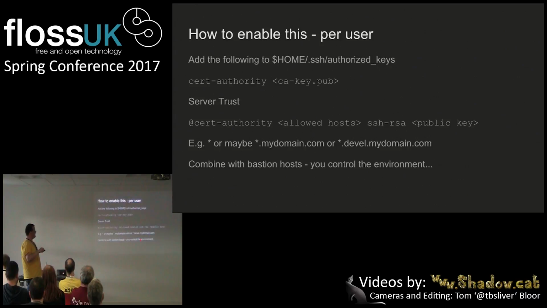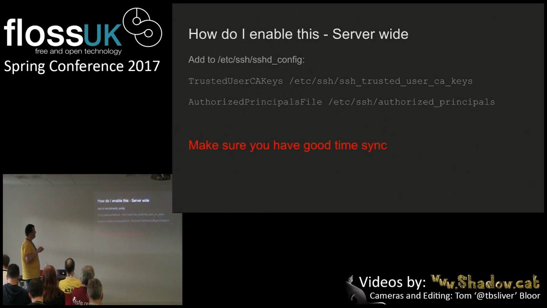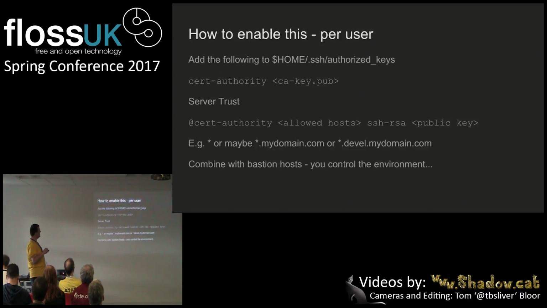So you control your environment with a bastion host, you generate the keys, you control what hosts are allowed to show an authority certificate. This here should be in the server config, so that's there. I've copied and pasted the wrong bit of slides around.